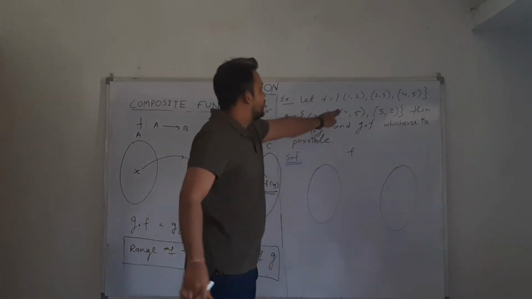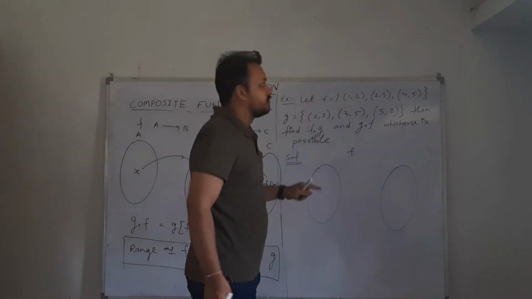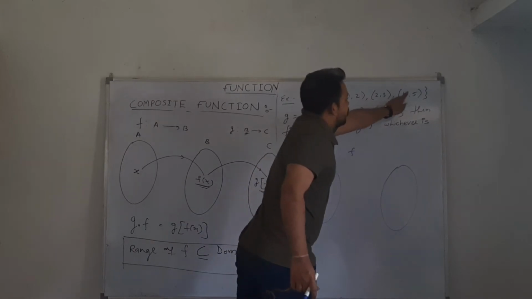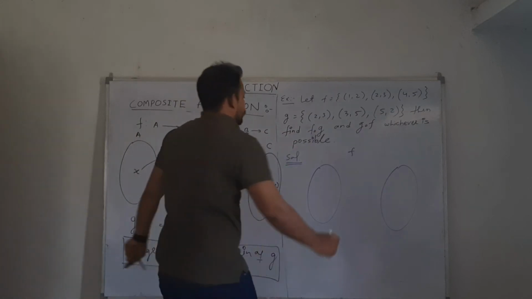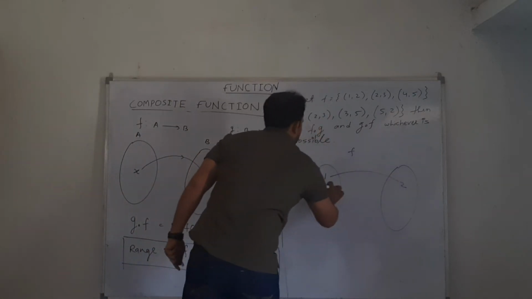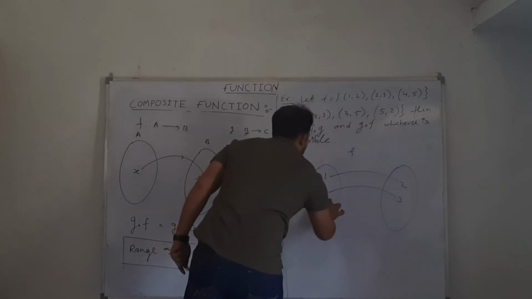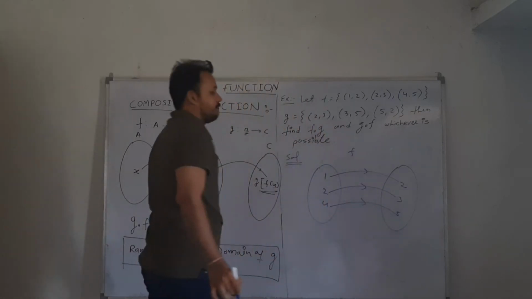Here it is clear that when we put 1 in the function, we get 2. When we put 2 in the function, we get 3. When we put 4, we get 5 from the function f. So we can simply write 1 gives 2, 2 gives 3, 4 gives 5. This is function f.